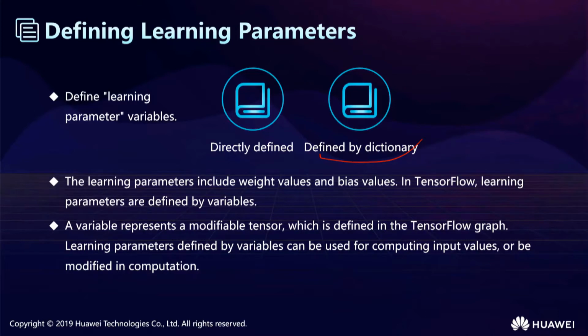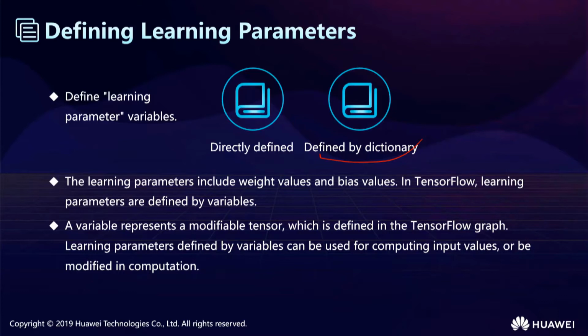The learning parameters include weight values and bias values. In TensorFlow, learning parameters are defined by variables, and variables represent modifiable tensors, so they can be modified during the training procedure, and they are defined in the TensorFlow graph.